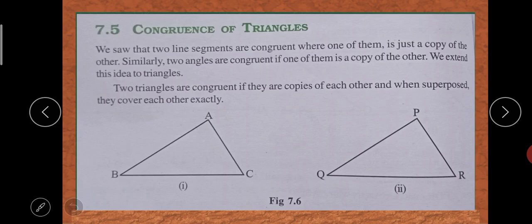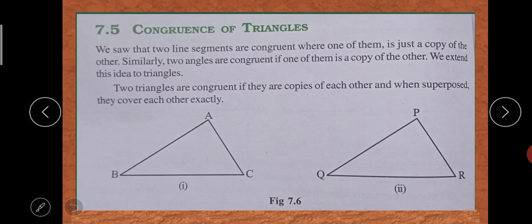Two triangles are congruent if they are copies of each other. When superposed, they cover each other exactly. We saw the same method on the line segment and on the angle, and now we are going to see it on the triangle. So here two triangles are given, ABC and PQR. They have the same size and shape. That means they are congruent.